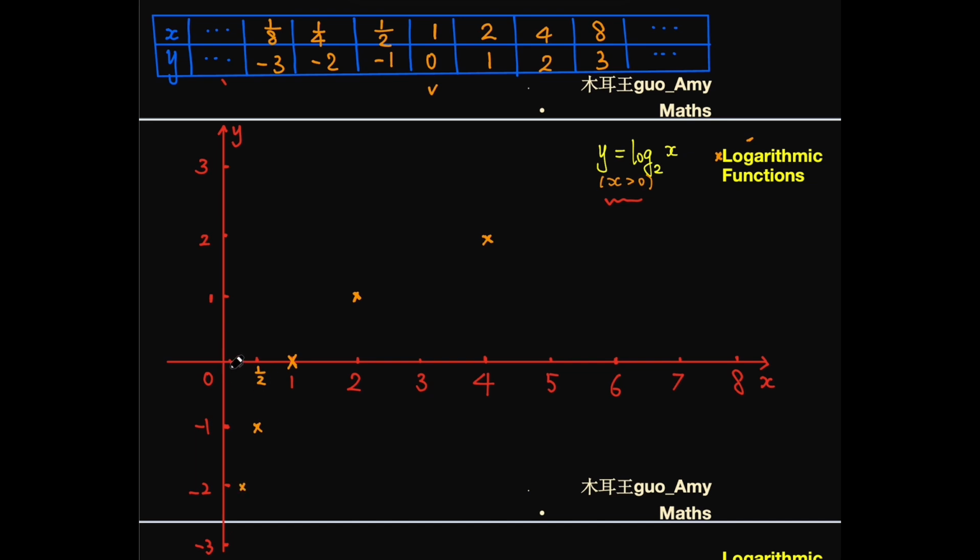When x equals 1 out of 8, the corresponding y value is negative 3. And we can see when x goes closer and closer to 0 from the right-hand side, the y value will become smaller and smaller. We are going to connect all these points using a smooth curve.